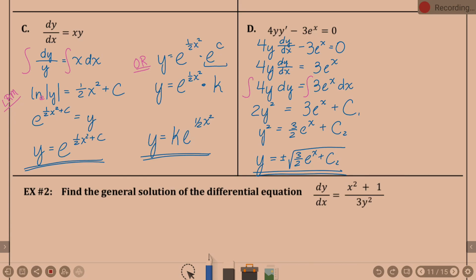I do have an OR option, and the OR option would be more along the lines of 3e to the x minus 2y squared equals c, something along those lines. Is it any better? Is it any worse? I don't know. It all depends on where you're going with this next, I guess.